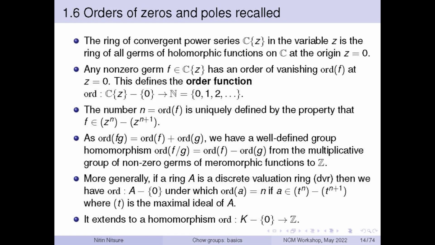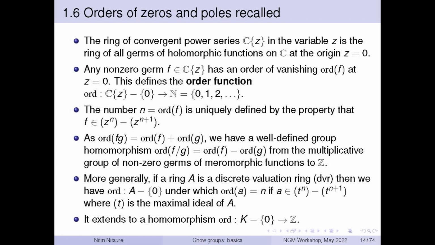So this also happens in discrete valuation rings. In any discrete valuation ring, the maximal ideal is principal. And so given any non-zero element, similarly you can ask what divides it and what is the biggest power it divides, and that is the order. And then once you define it for non-zero elements, because it is additive, you have a well-defined order of vanishing on the fraction field K. Order of a upon b is equal to order of a minus order of b.